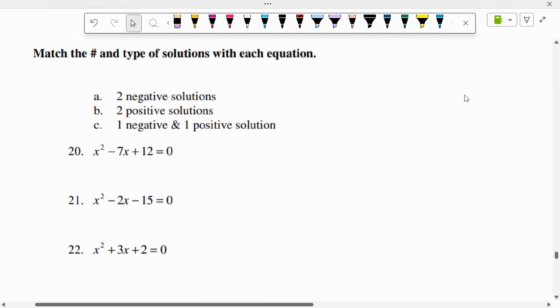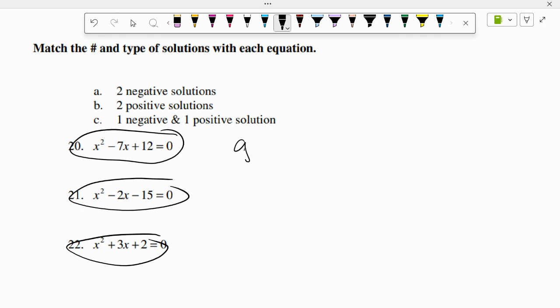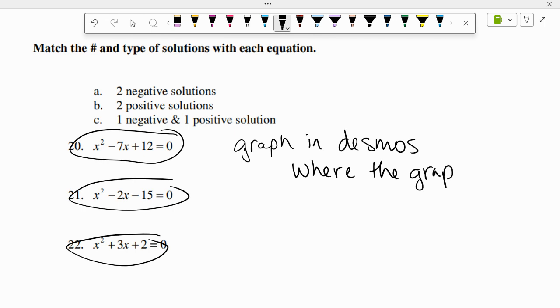Match the number and the type of solution with each equation. So if you graph in Desmos, what are you looking for? You're trying to see where it crosses the x-axis.